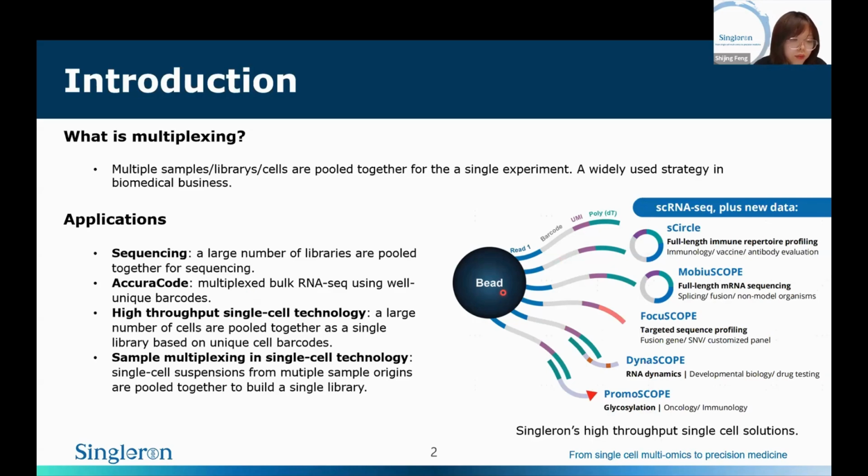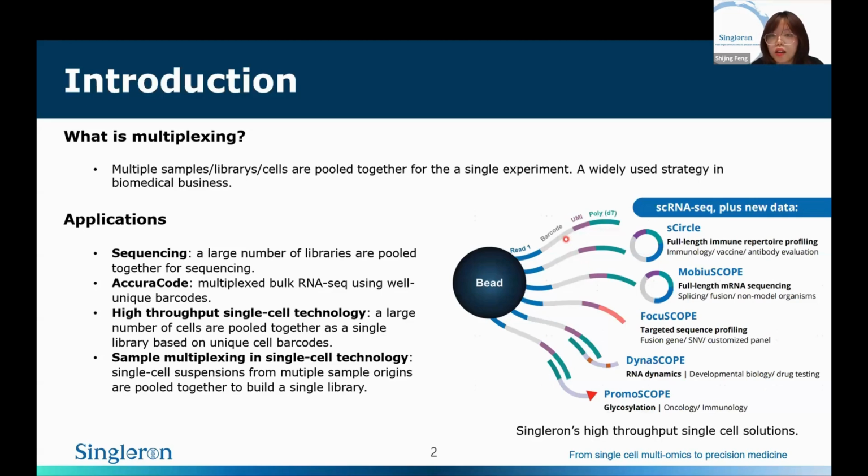Basically, we have a large number of microbeads, and by using our JAXScope technology, we load the cells from the cell suspension onto a chip, and then we also load the microbeads with different cell barcodes onto the chip to make sure that in every microwell there is one cell and one bead with only a unique cell barcode on it.